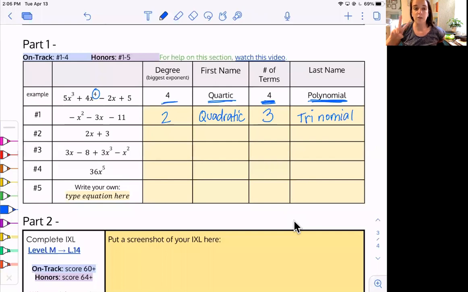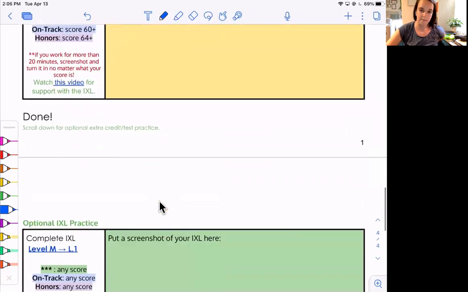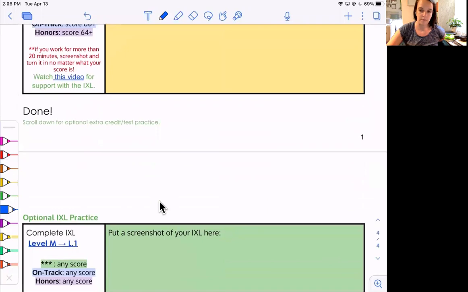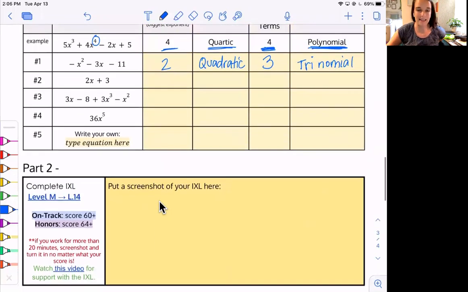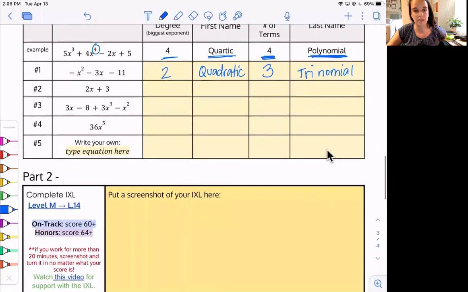You have to do both parts. You do have to do both parts. Todos. Parte 1 y parte 2. Sí. Yeah, but no checkpoint. There's no Google form. So solo en amarillo, the yellow parts, is what you need to do.